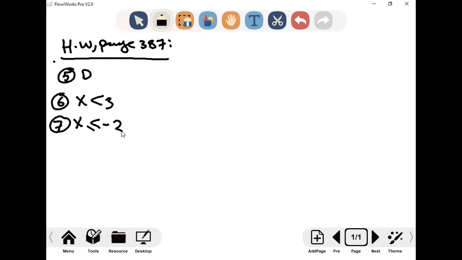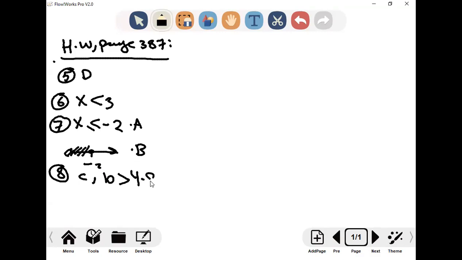In part B, you graph it. This is part A, right? In part B, you graph it from -2, closed circle to the left. In question 8, the answer is selection C, p more than 4.8, right?